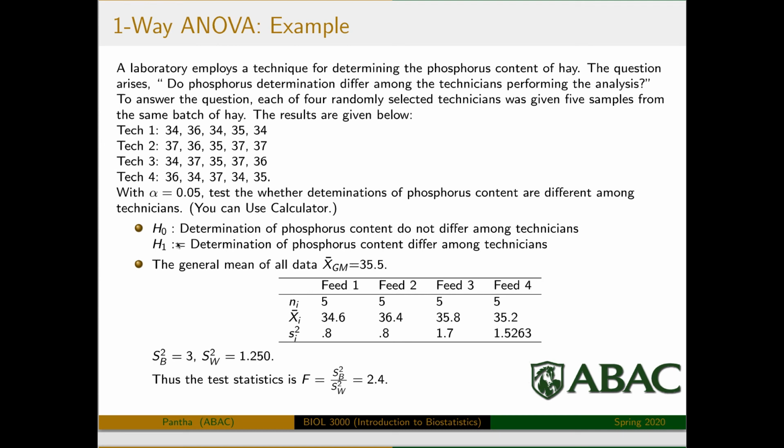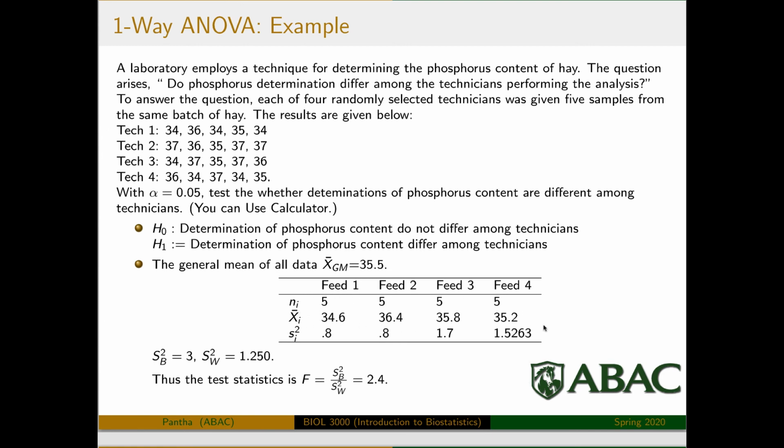So these are the very standard parts, right? And I found the x bar gm, meaning the mean of all of those. Look at this, the sample sizes are equal for each of the technicians, right? The sample size is 5.